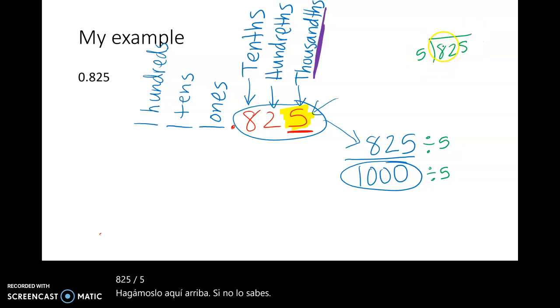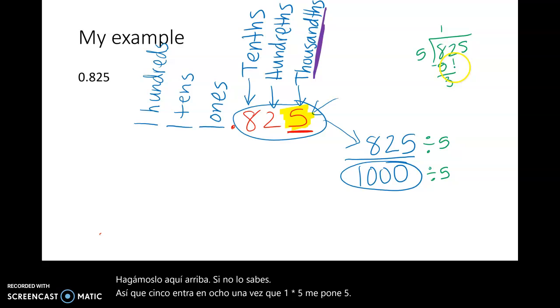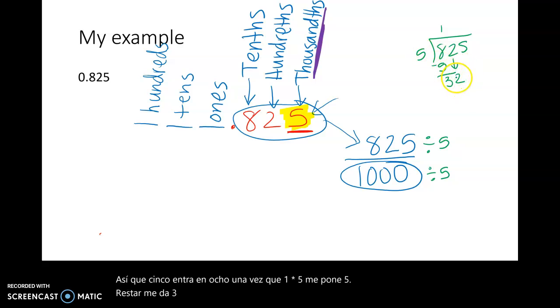So 5 goes into 8 once. 1 times 5 gets me 5. Subtract gets me 3. Bring down the 2. 5 goes into 32 6 times. 6 times 5 is 30. Subtract gets me 2. Bring down the 5, so 5 goes into 25 5 times.